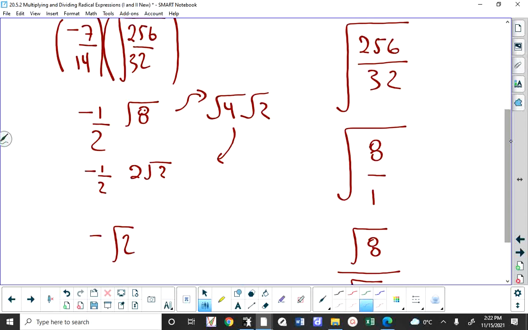It's not perfect, but that 2 root 2 is on the top. So I have a factor of 2 on the top, a factor of 2 on the bottom. I can cancel them, and I'm left with negative 1 root 2, which I would just write as negative root 2. Okay with that example?